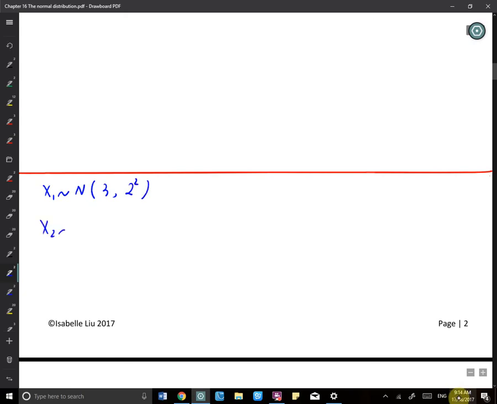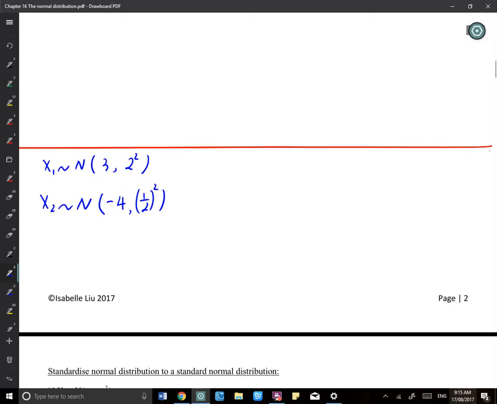And x2 is also normally distributed by -4, half squared. Now, on the same set of x-axis, I want to sketch both graphs, roughly. Just keep all the key features.